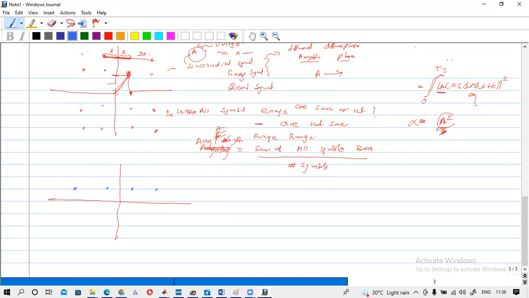So what do you know? The distance between these symbols and the distance between these symbols are the same. Let's say this is 2d and this is 2d. So what is the distance from here to here? It will be 1d, no? So it is 1.